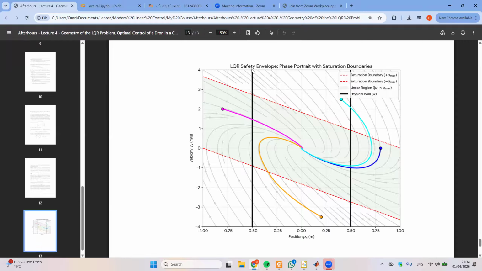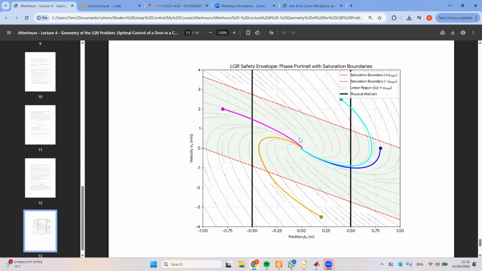So the black lines are like the physical walls. So we took W to be 0.5. The x axis here is position in the x direction, and the y axis here is the velocity in the x direction. Now these dotted red lines represent our maximal control.